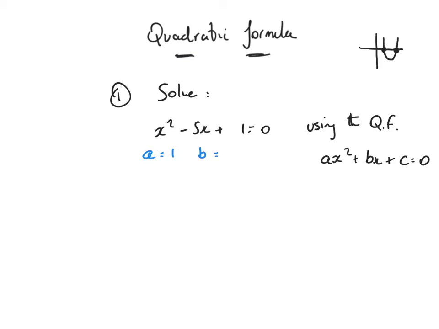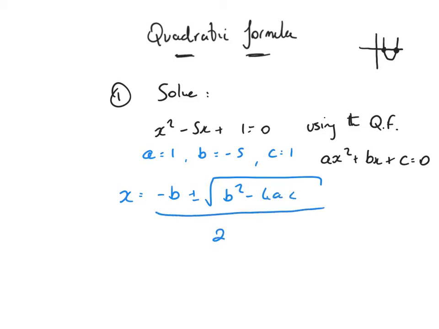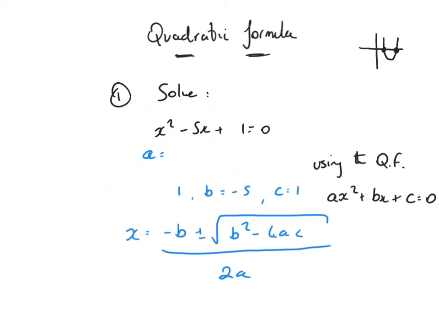Be careful, b is not 5, it's definitely minus 5. And c is equal to 1. Then x equals minus b plus or minus the square root of b squared minus 4ac all divided by 2a. Remember that the quadratic formula will be given to you in the formula sheet.